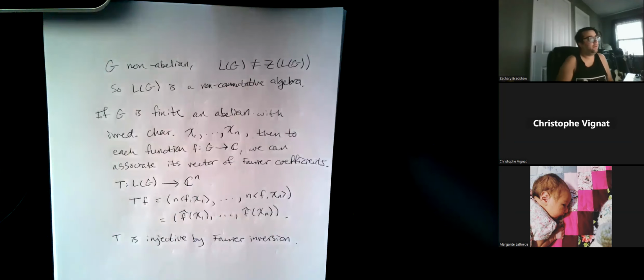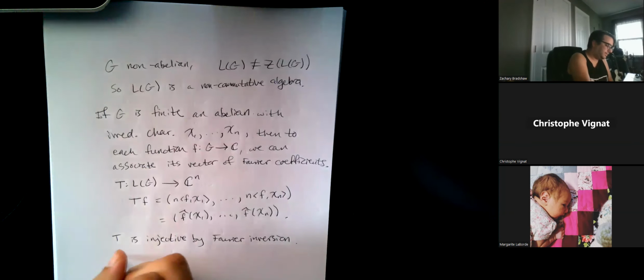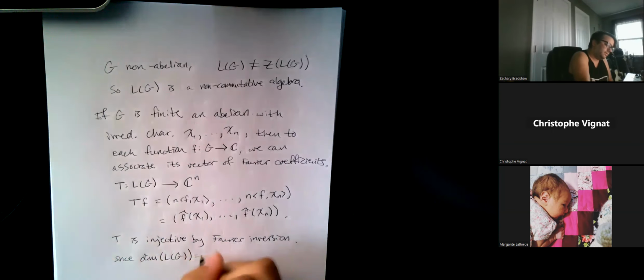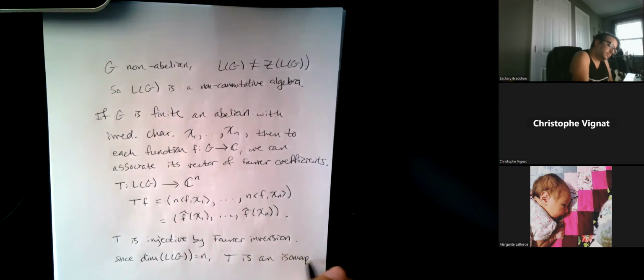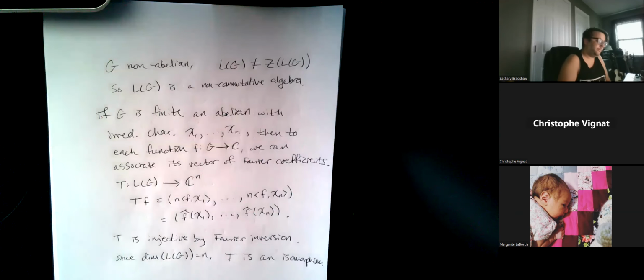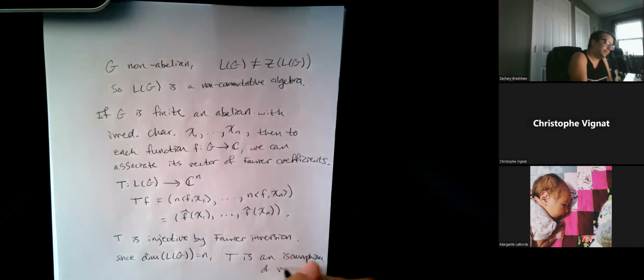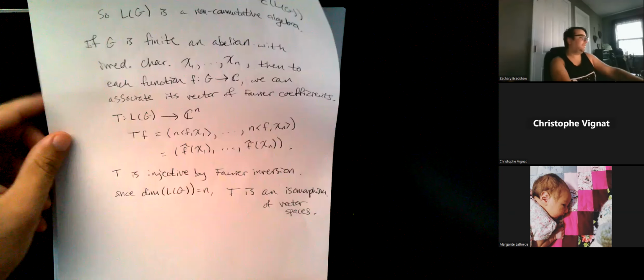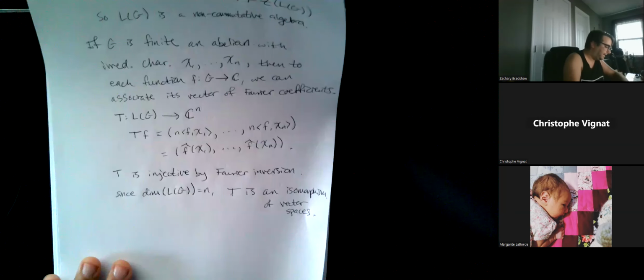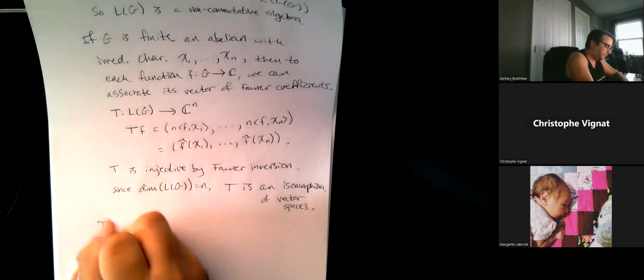You can also show that T is linear. I'm not going to do the calculation, it's pretty simple. But the point is that since the dimension of both spaces are the same, it follows that T is an isomorphism. Yes, I should say this is an isomorphism of vector spaces. Okay, in fact, it's actually an isomorphism of algebras, and the way you see that is as follows.